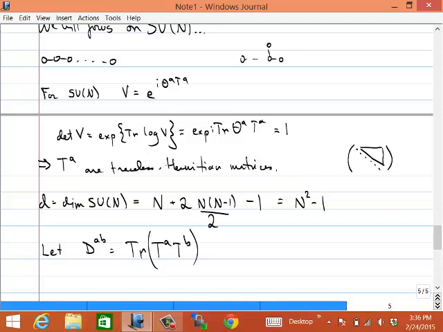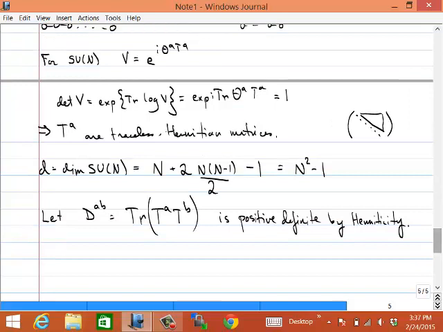And if you think about it, this has to be a positive definite matrix, because the T^A's are Hermitian. In particular, if you use the fact that T dagger is equal to T, and you use the fact that the trace is cyclic, then this means that D is a positive definite matrix.